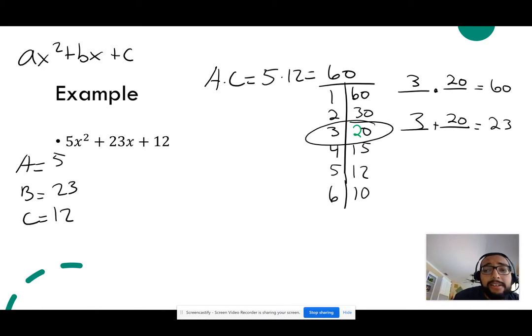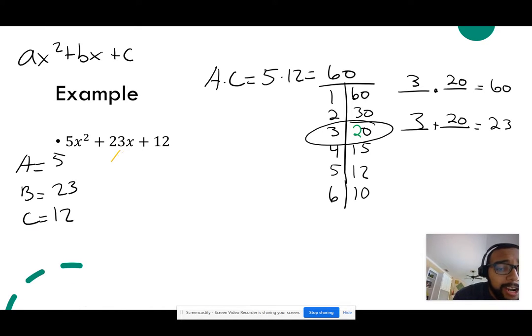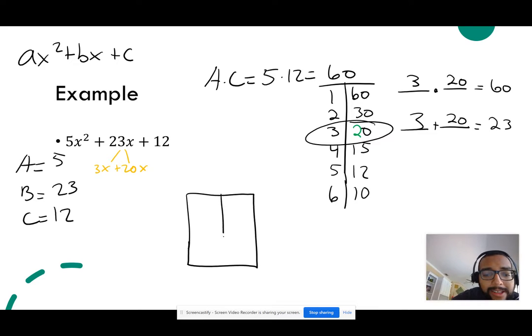So with this here, the reason why we did that is because we can now break up that 23x as a 3x plus a 20x. And that comes in handy because when we do our box, wow, that's not a good box.